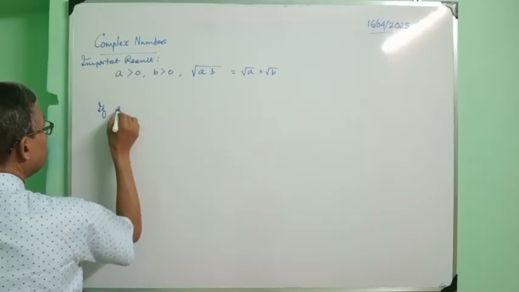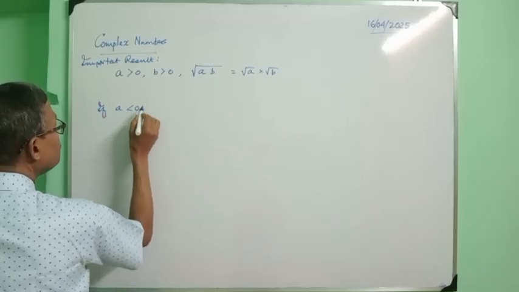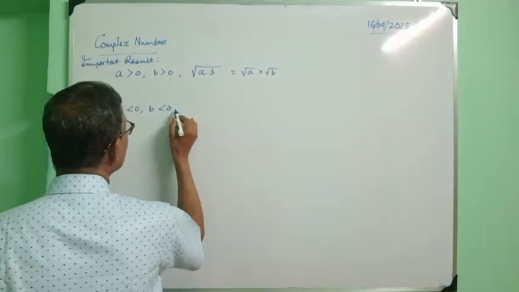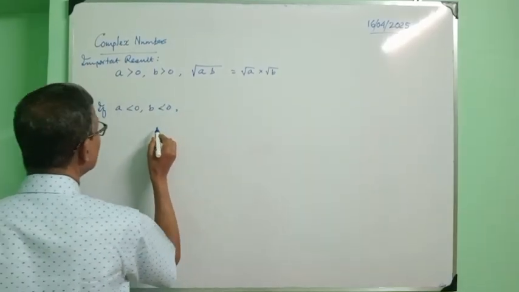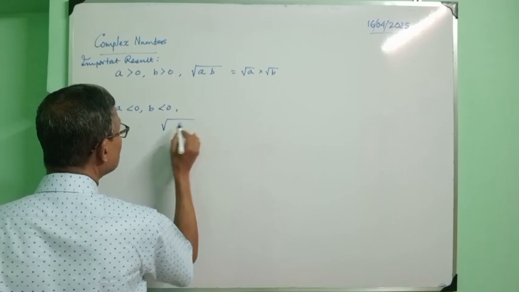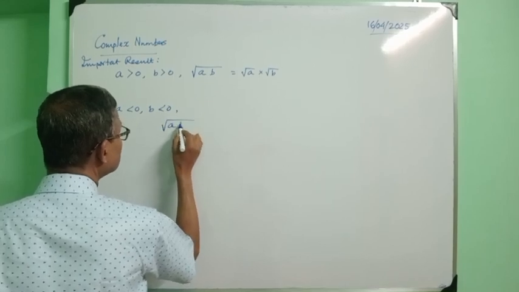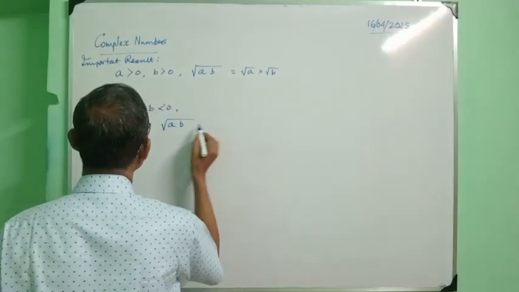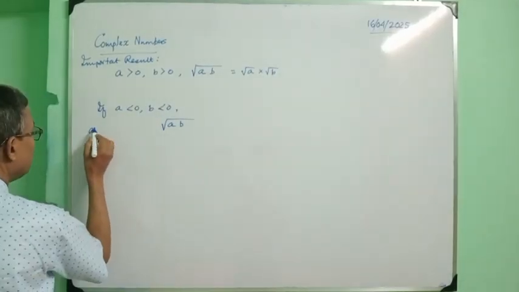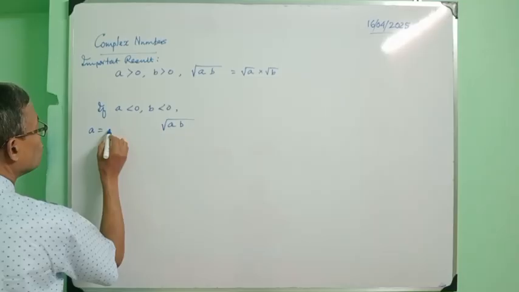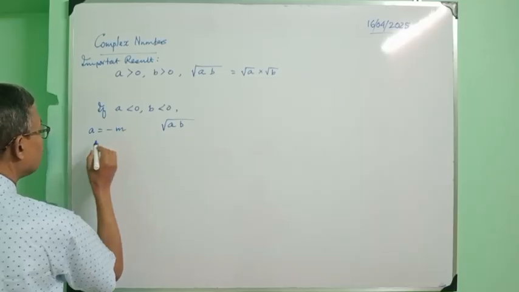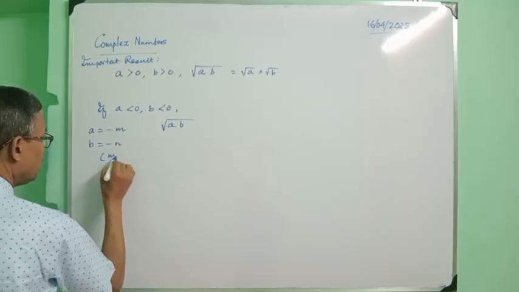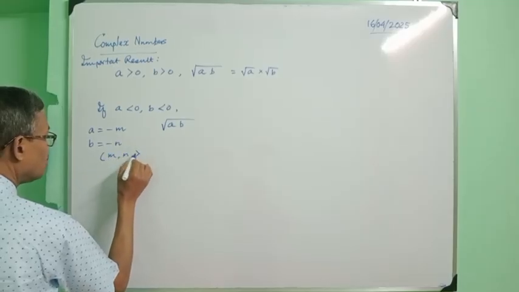If a negative, b negative, then root over ab, I take that a equal to, say, minus m, b equal to minus n, m, n both positive.